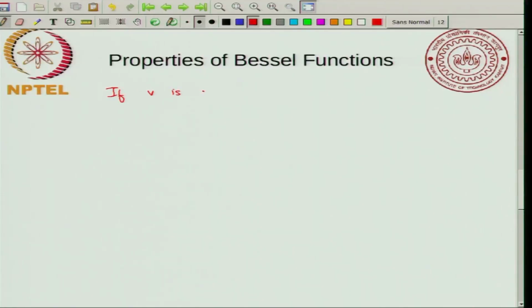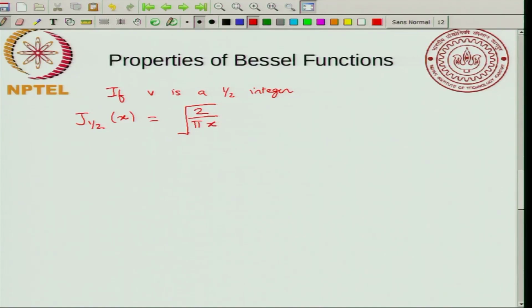Some other properties. If v is a half integer, for example J of half of x, you can work it out, and this turns out to have a fairly nice expression. It turns out to be square root of 2 by pi x.